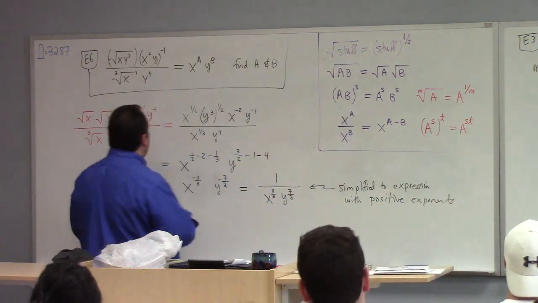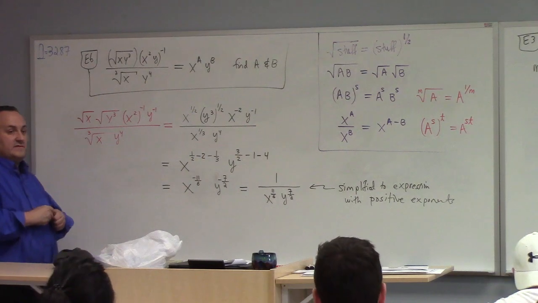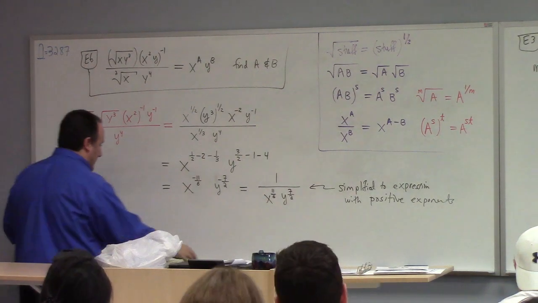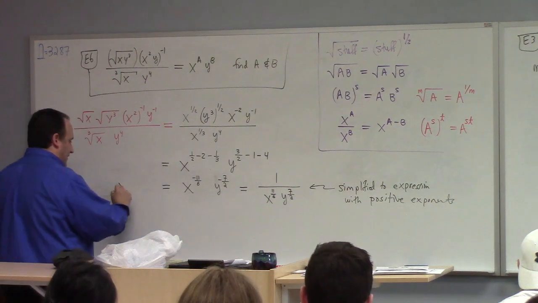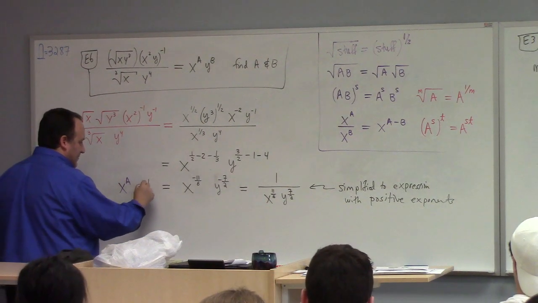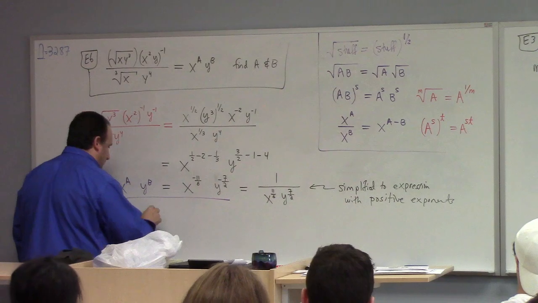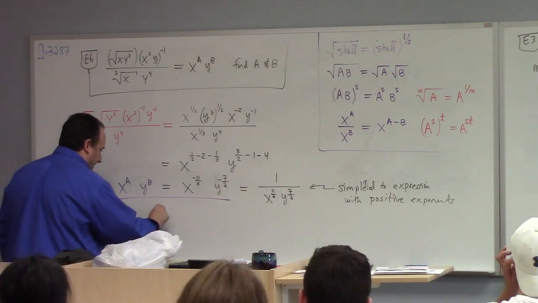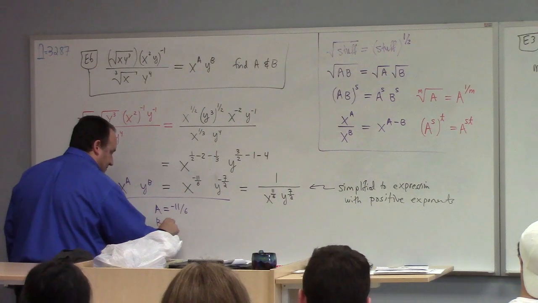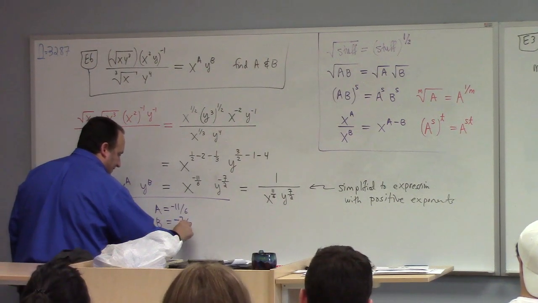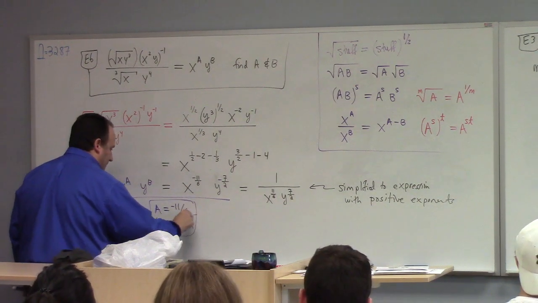But anyway, that wasn't the question, right? What was the question? Find a and b. So what do we have to do? Look at this. This is like x to the a, y to the b, right? So you just look at it. What's a equal to? What's b equal to? Negative 11/6. And b is what? Minus 7/2. There you go.